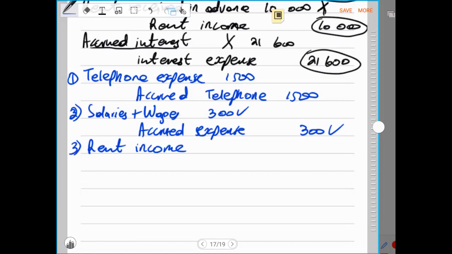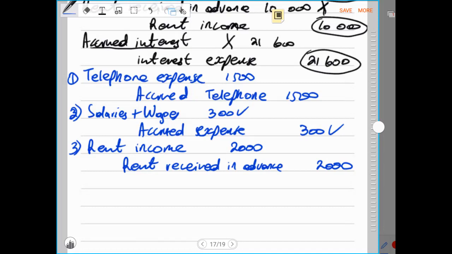Remember, income received in advance is a liability by the end of the current year. So now in this case, we have rent received in advance, which is a liability. Therefore, now we must increase our liabilities. Rent received in advance. And the rent received in advance is 2,000 rands, which is a liability.